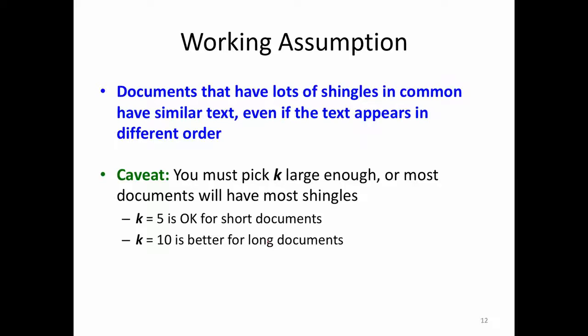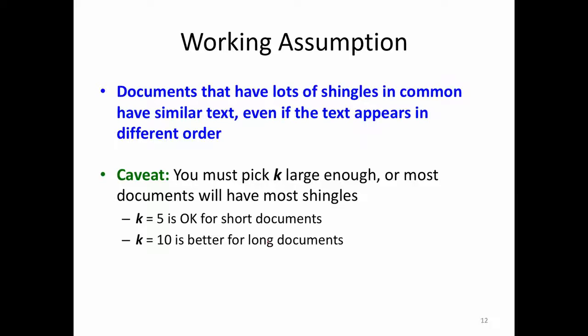But as you take more and more k, you start to see larger and larger sequences. If you take k to be very large, let's say very close to the size of the documents, you may see only one or two single shingles present in each document.